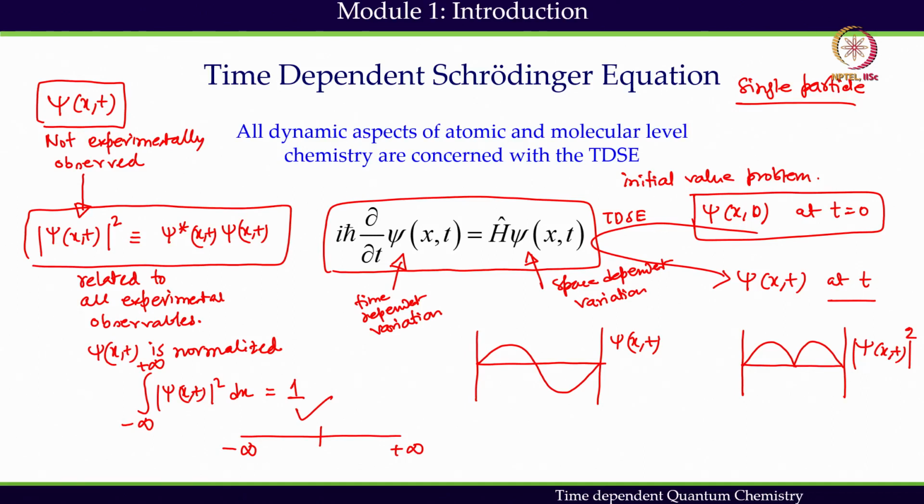We will have an elaborate discussion of this probability density very soon. Just to give you an initial sketch of what we can observe and what we don't observe, and what physical quantity is connected to the experimental observable. This square modulus of the wave function is called the probability density.